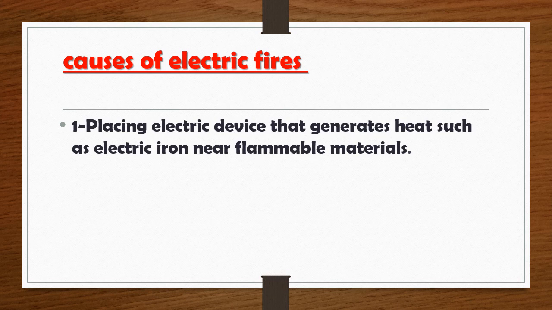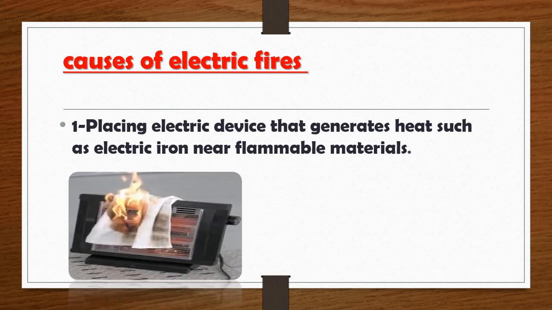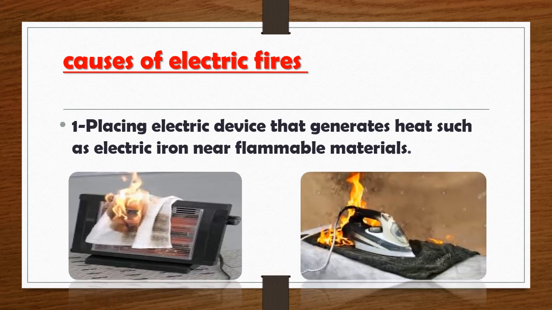First, placing electric devices that generate heat, like the electric iron and the electric heater, near flammable materials, like clothes, cloth, curtains, and so on.